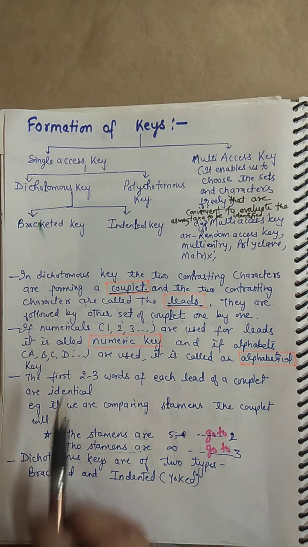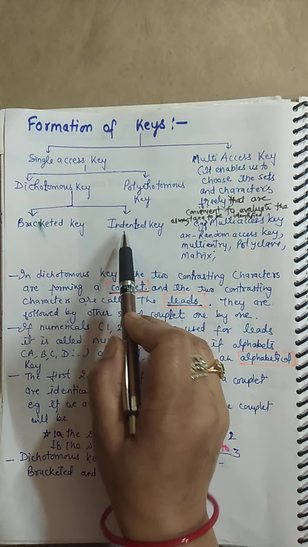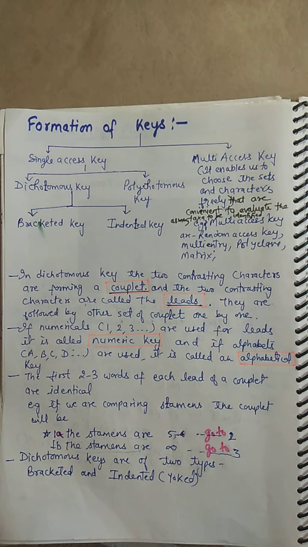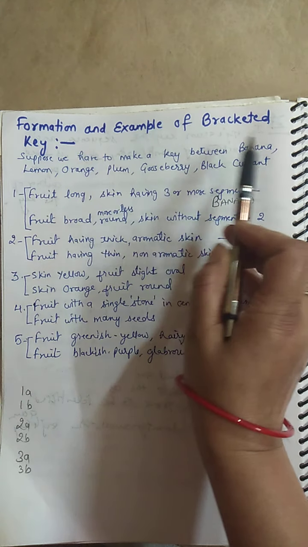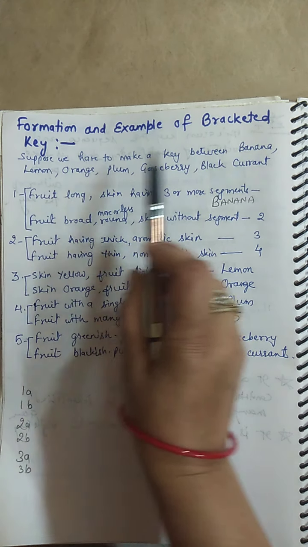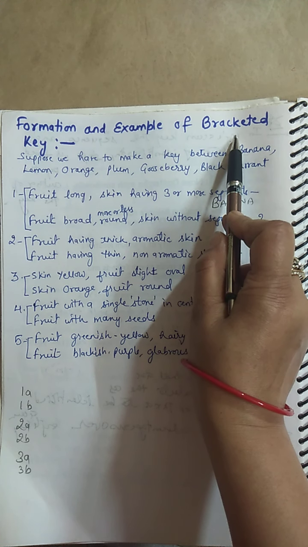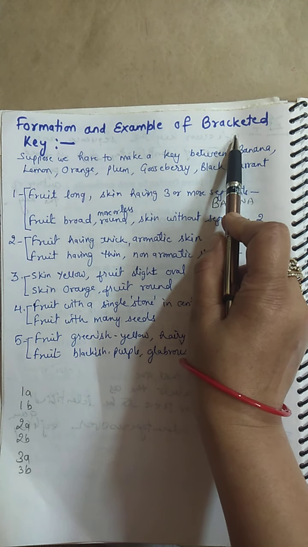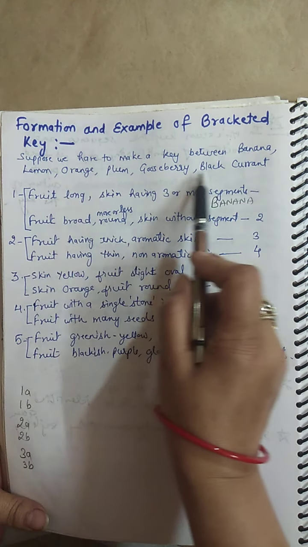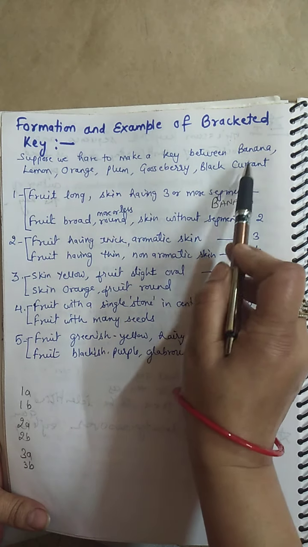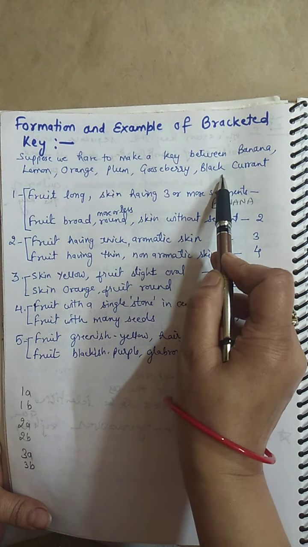Now the dichotomous key is again divided into two types, bracketed and indented keys. Now the formation and example of a bracketed key. A bracketed key provides both choices or leads side by side, one after another. Suppose we have to identify or make a key between banana, lemon, orange, plum, gooseberry and blackcurrant.